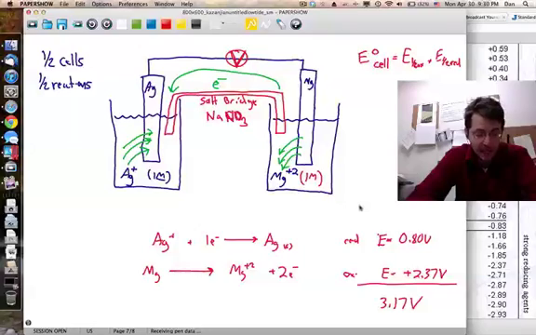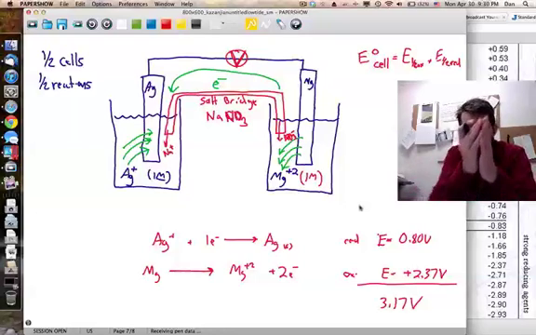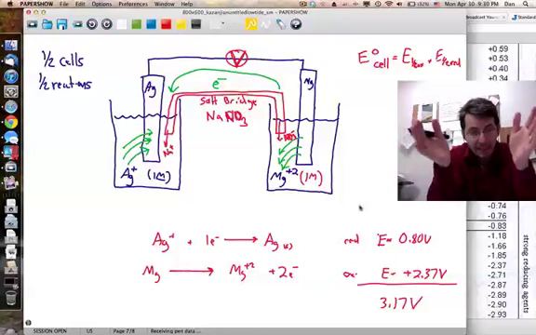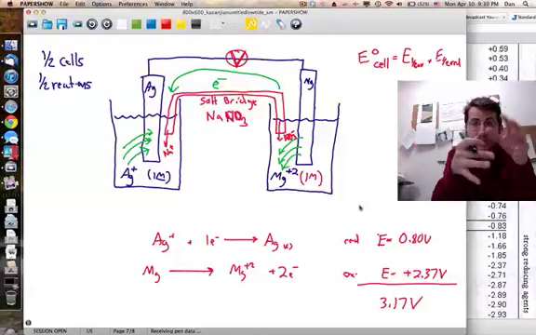As these ions flow out, negatively charged species like the nitrates or chlorides will move into the solution to balance out, and positively charged species like the sodium will move in, balancing out the charge. So integral to separating the mass balance of these reactions is the salt bridge, this feature that balances out the charge.